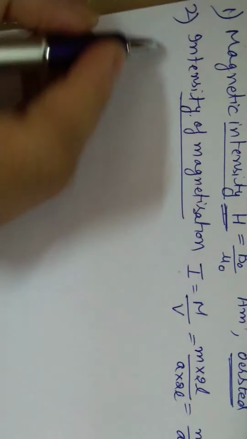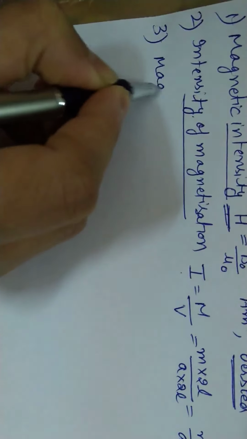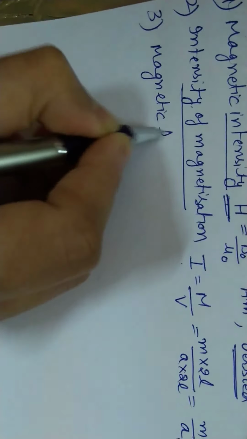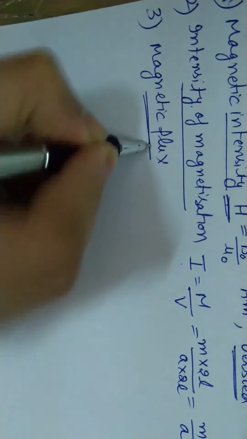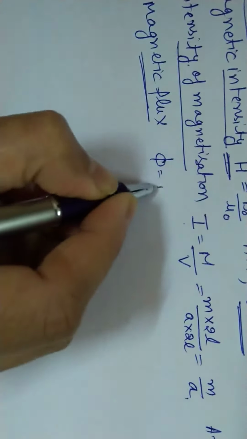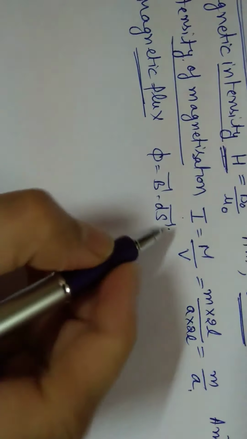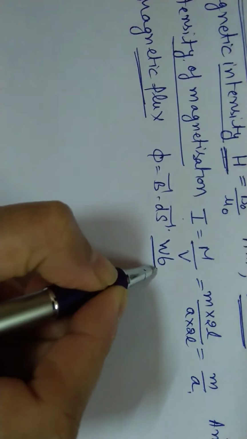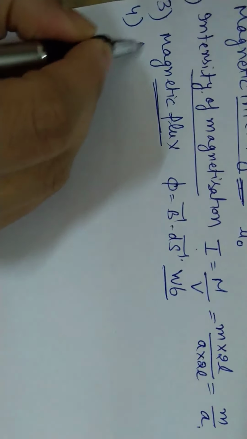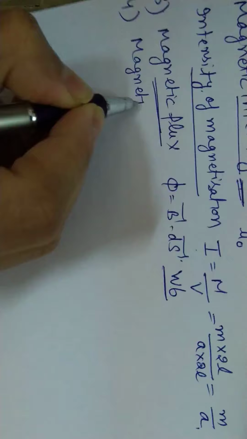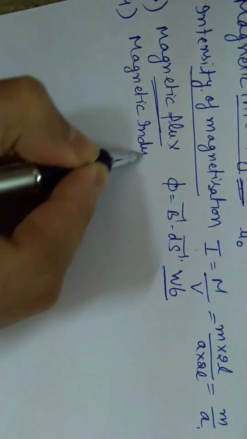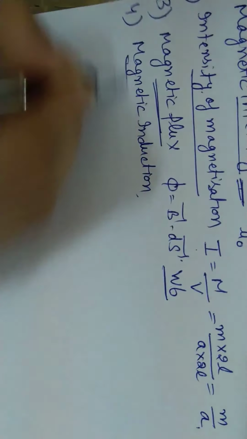Then we have the third term, magnetic flux, meaning the number of field lines passing normally through the surface. This is B dot dS vector, and its SI unit is Weber. And the fourth is magnetic induction. These are the terms that we have to use for the classification.